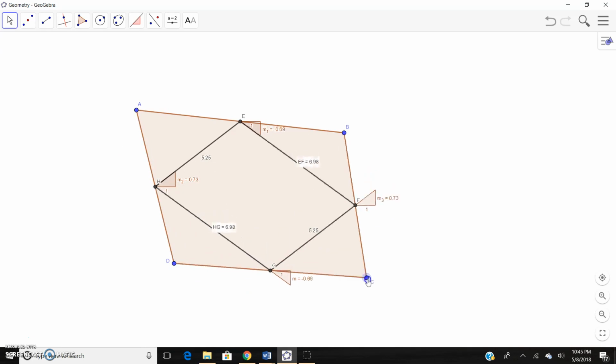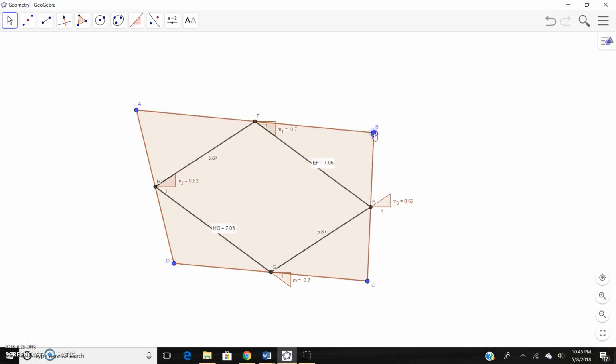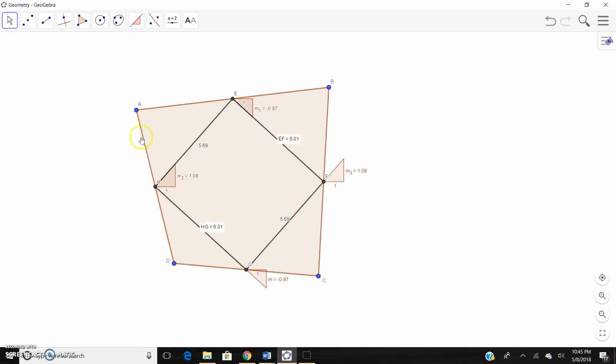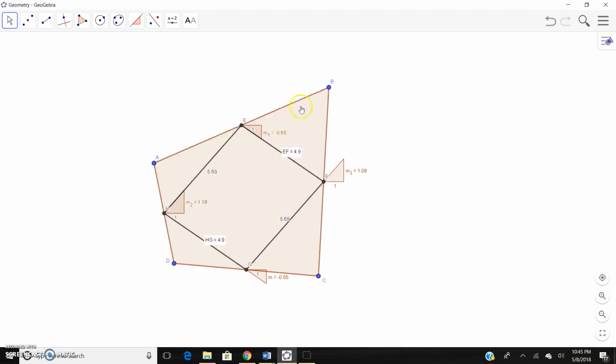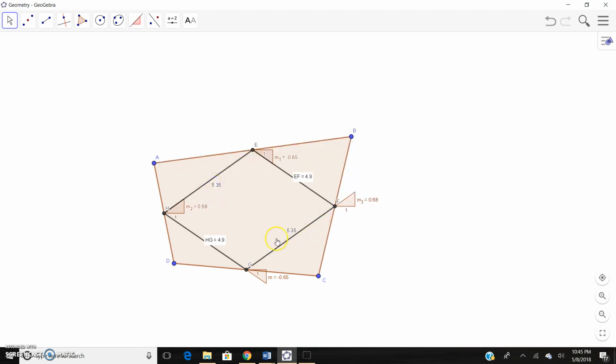They're staying congruent to each other, or their measures are equal to each other. And so we also have that this pair of sides is also parallel. So now I have a quadrilateral with two pairs of parallel sides, meaning I have a parallelogram.